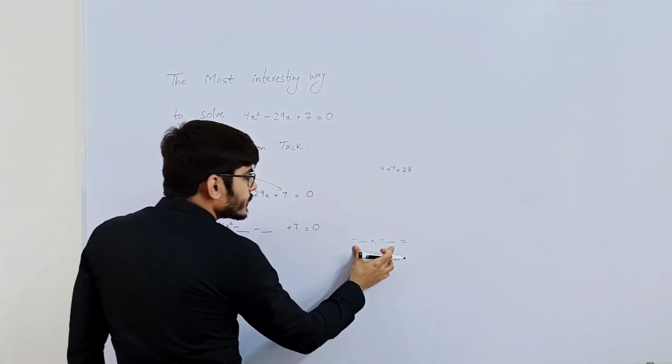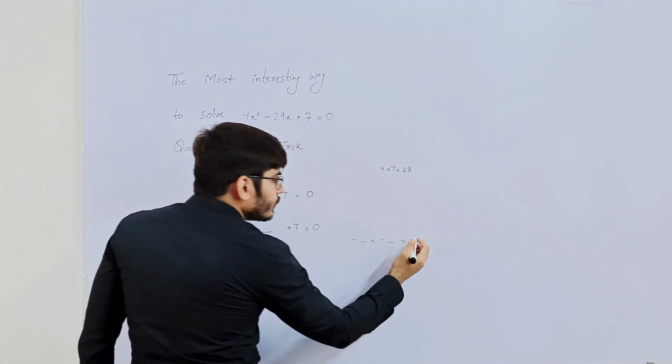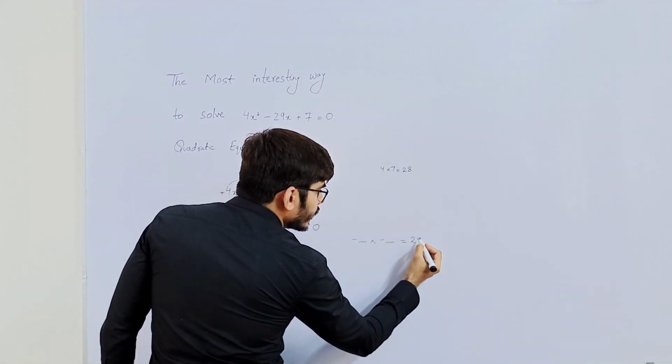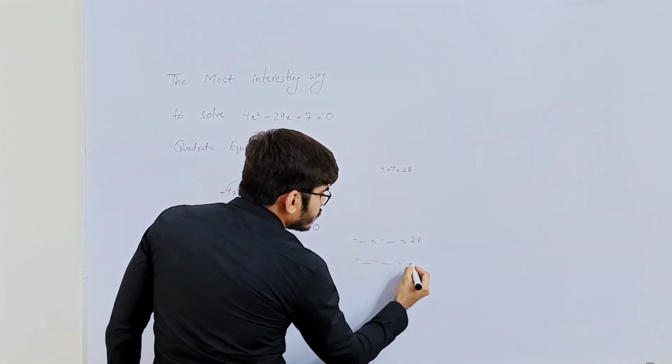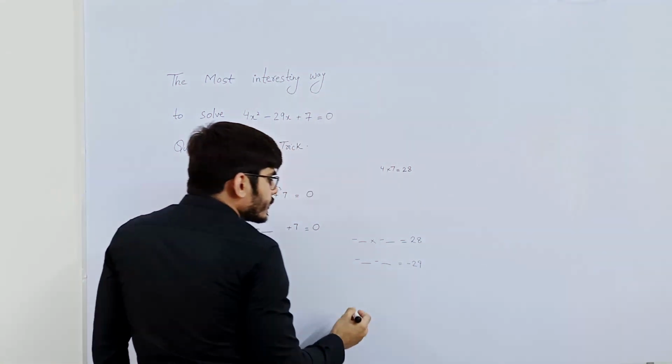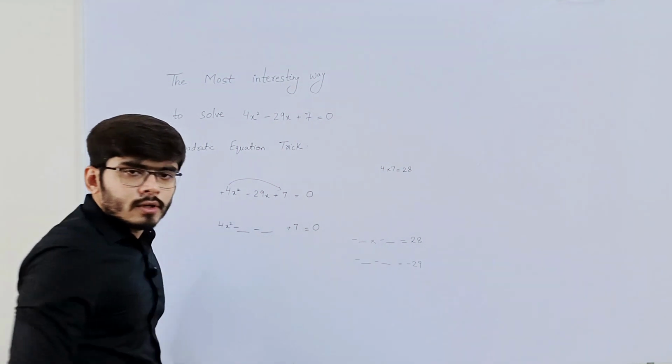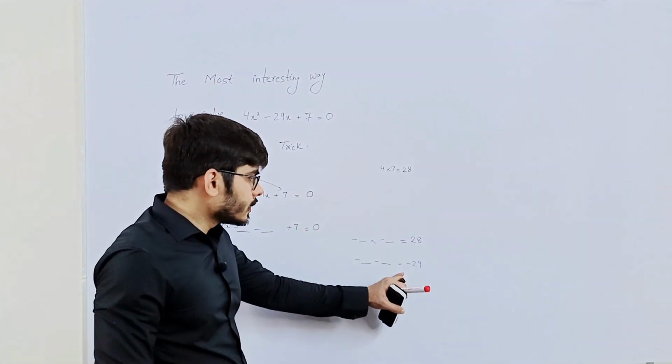We need two numbers that multiply to give 28 and add up to give negative 29. As we know that two negative numbers always add with each other with the negative sign.